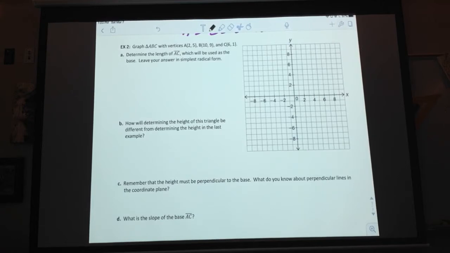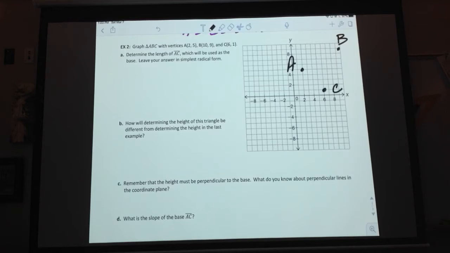Okay? So let's go ahead and graph this triangle. A is at 2, 5. 2, 5 right there. There's my A. B is at 10, 9. 10 all the way up to 9. Here's my B. There's my A. And C is at 6, 1.